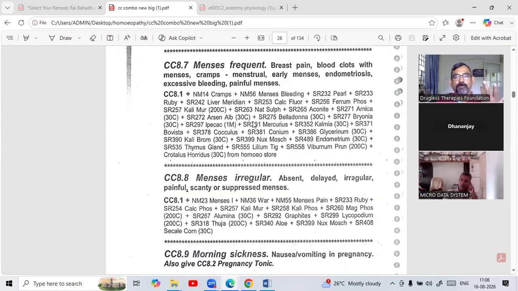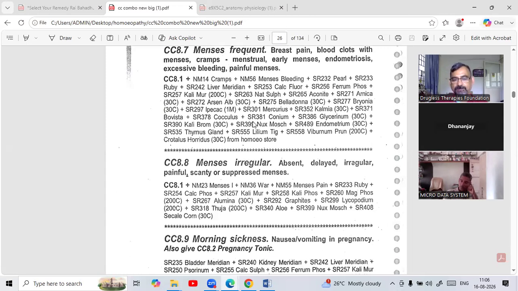There are two biggest problems in females in menstruation, either less menstruation or over menstruation. This is the first one. 8.7 is for excessive bleeding, and menses irregular is for absent bleeding, absence of menses or less bleeding.